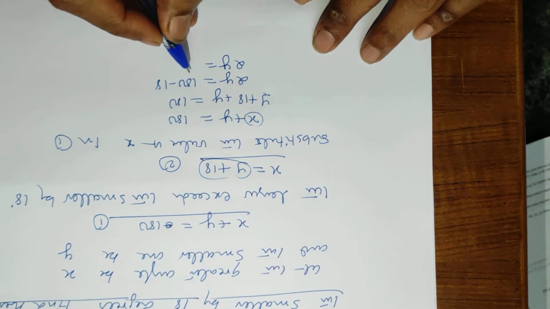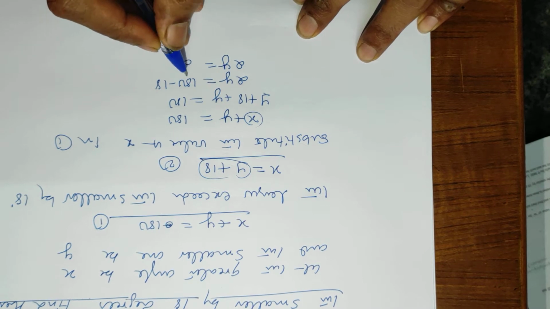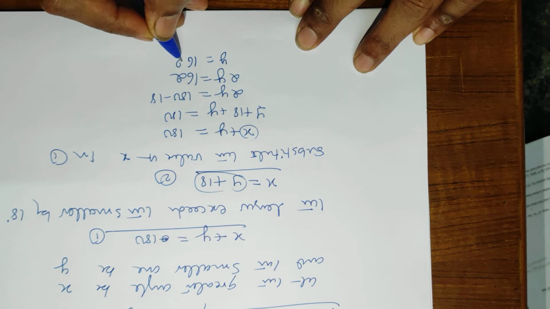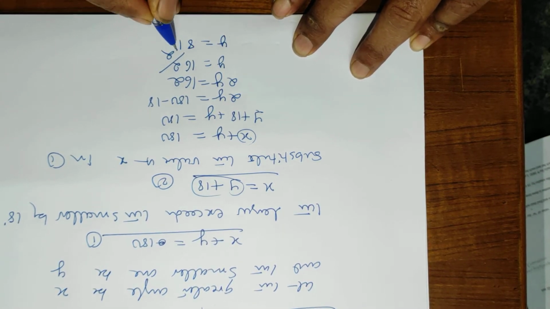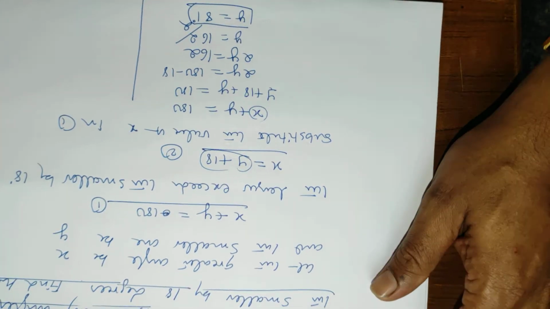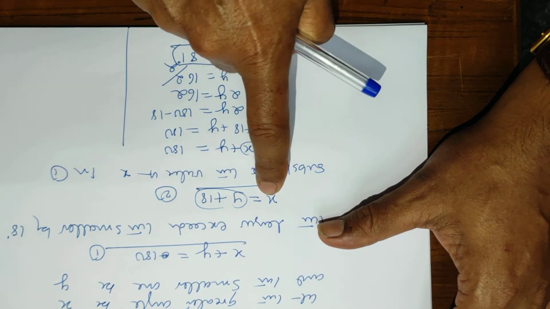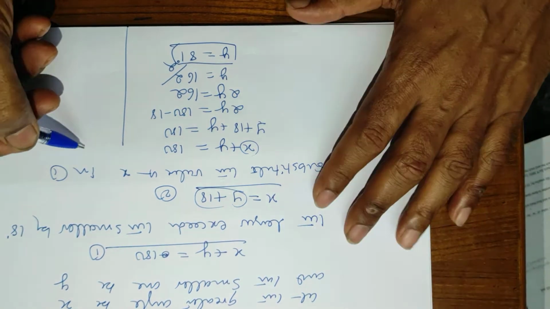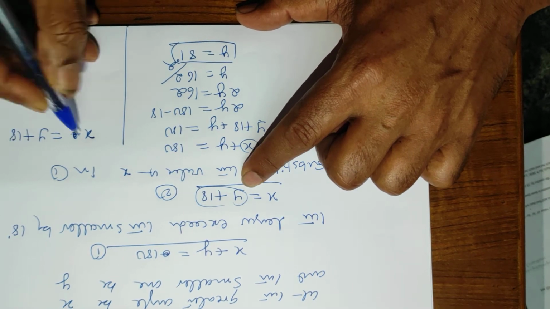Y plus Y, 2Y is equal to 180 minus 18. 2Y is equal to 162. So Y is equal to 162 by 2. So Y is equal to 81 degrees. Substitute this value in relation 2, you will directly get the value of X. So X equals Y plus 18.